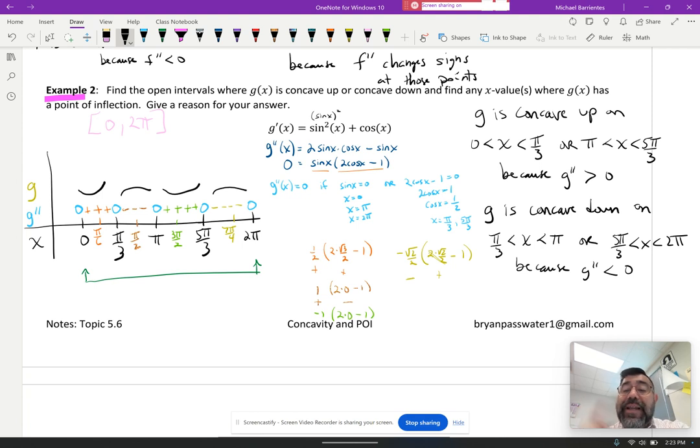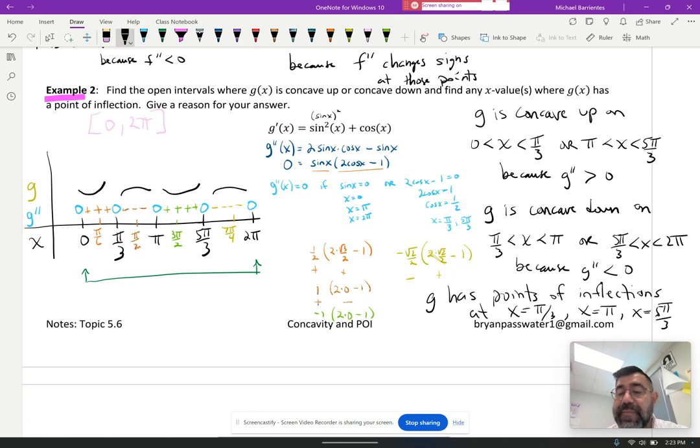Great. But now the last part, does it have any points of inflection? Well, yes, because it changed signs here, it changed signs here, and it changed signs here. So I'm going to say G has points of inflection, or inflection points, if you want to write it that way and save yourself the middle word, at x equals pi over 3, x equals pi, and x equals 5 pi over 3.